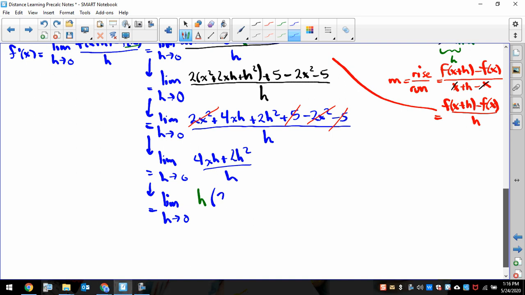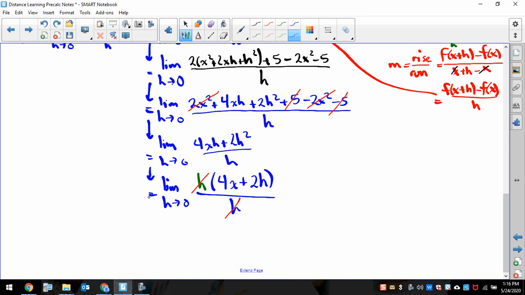We have 2, oh, whoops, we're going to have a 4. So 4x, the h is gone, and we pulled out one of those h's. So this is going to be just 2h. And then this h is still in the denominator. So I pulled out the green h there in the numerator, and notice this h is going to cancel. That's not a coincidence. That will happen with the derivative.